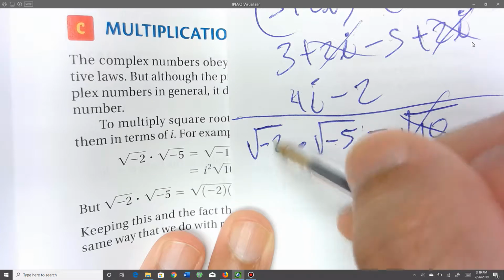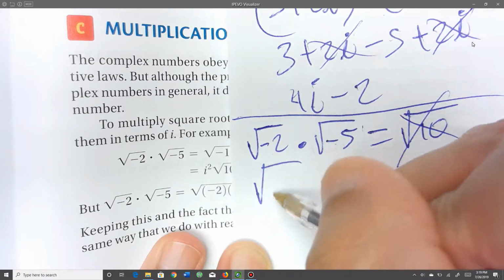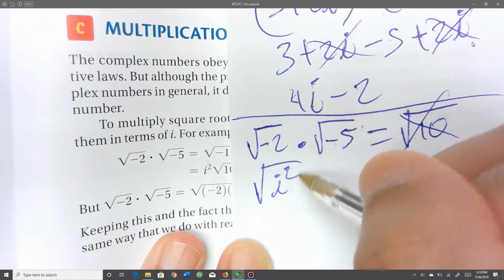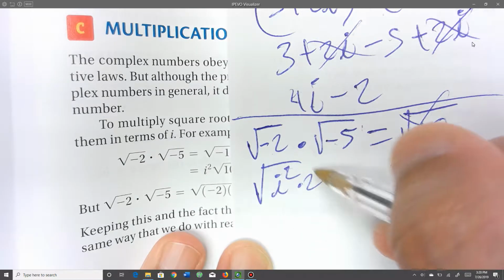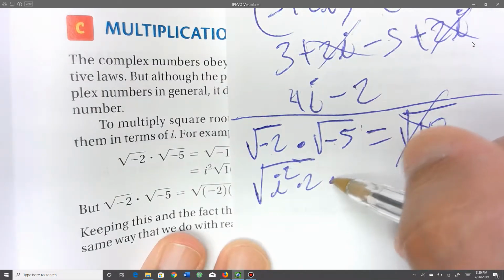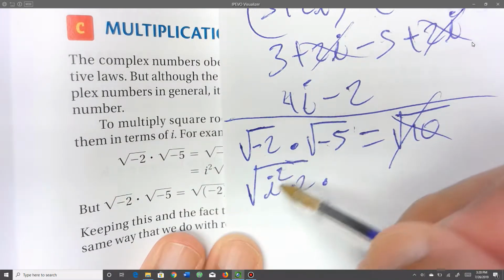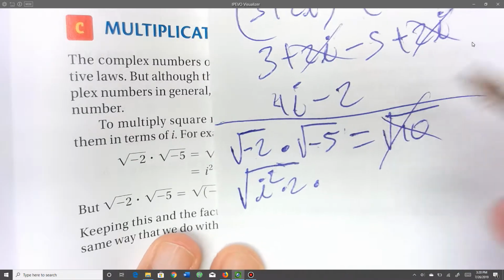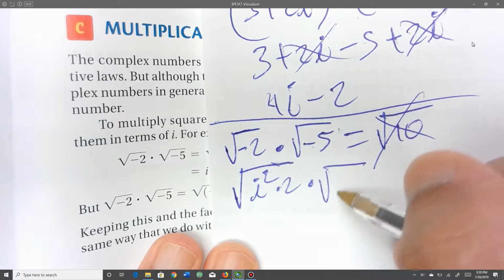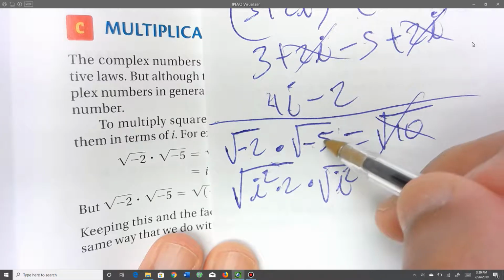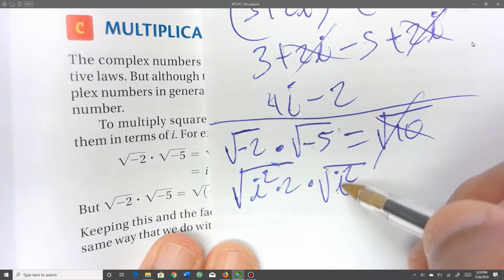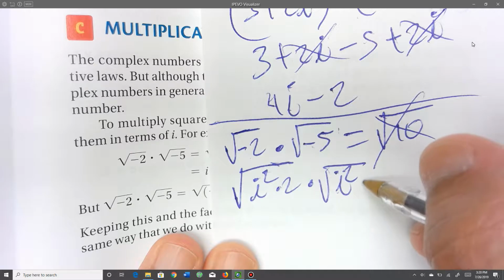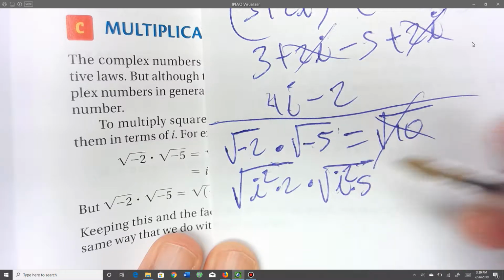Let me rewrite this as i squared, because I like writing it this way better, times 2, because I'm familiar with getting a variable squared inside and then just moving it outside. So I'm just rewriting it as i squared, because this negative 1 becomes i squared, right? Because i squared equals negative 1. Times 5.